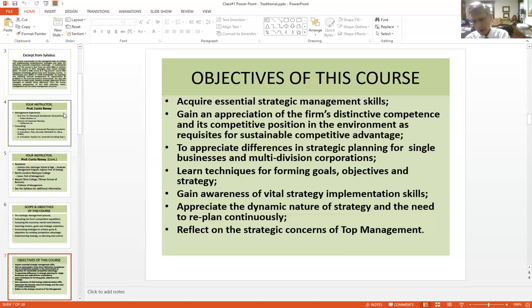And then we'll take a look at the difference between planning for a single business. Lots of small companies have just one business, but big corporations are comprised of many businesses. So we'll look at multi-division corporation planning and single business planning.